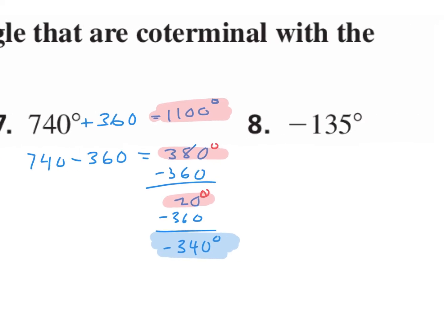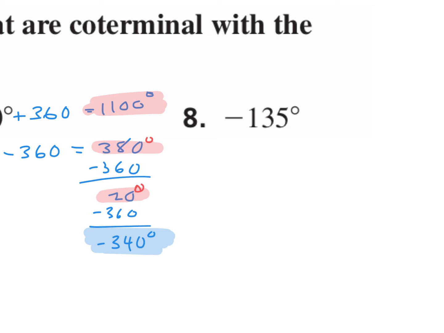All right, let's look at number 8. How do we find a positive coterminal angle? You add 360. So it's negative 135 plus 360, which is 225.